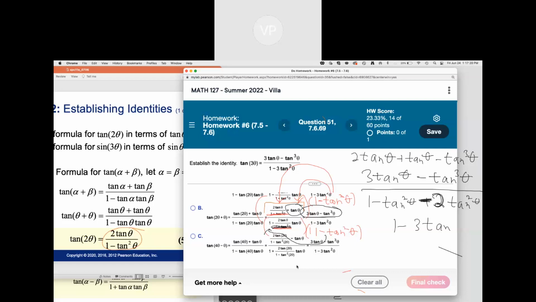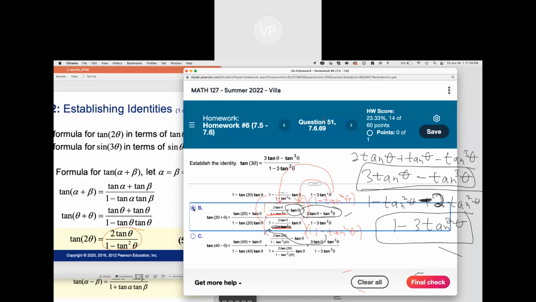Well, those combine to be 1 minus tan square theta, not third, tan square theta. And now that's my denominator, that's my numerator, and it does match that one right there. So that's how I know it's going to be B.